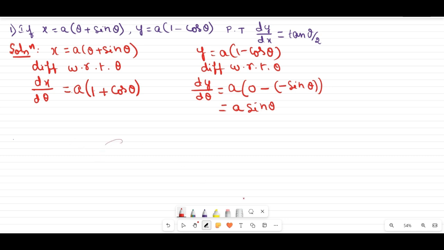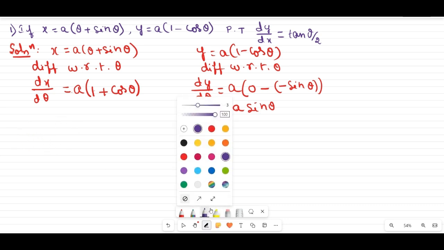So what is the question? They have asked to find dy by dx. Let us find dy by dx. Observe this properly. Here we have dx by d theta as well as dy by d theta, so be careful.